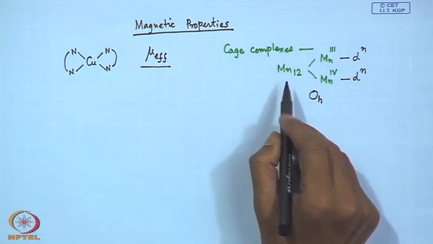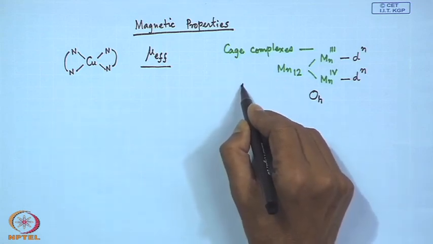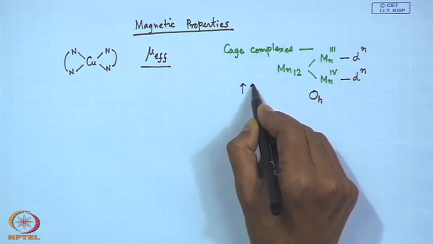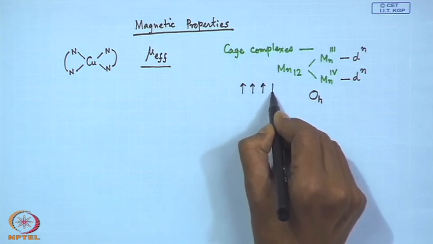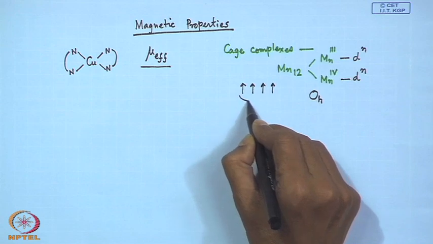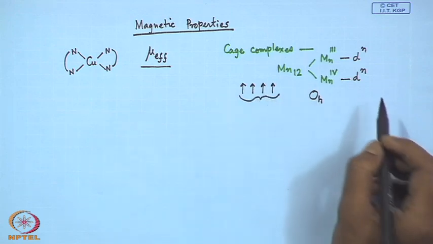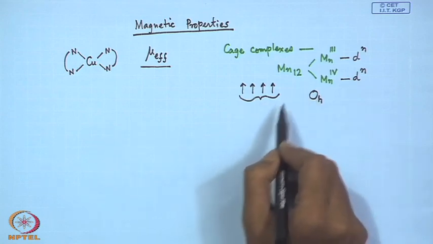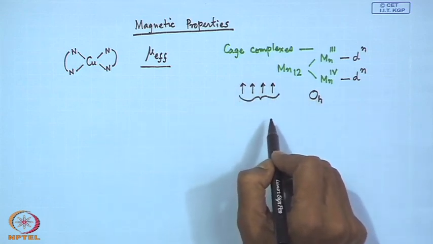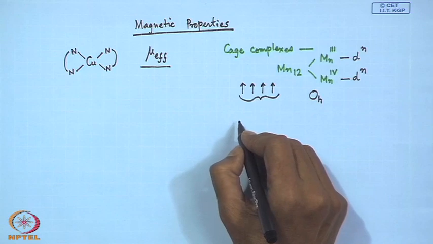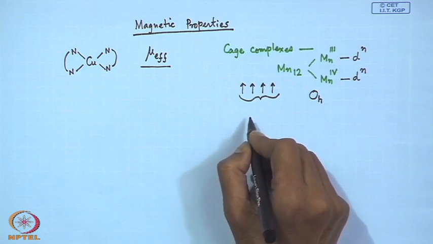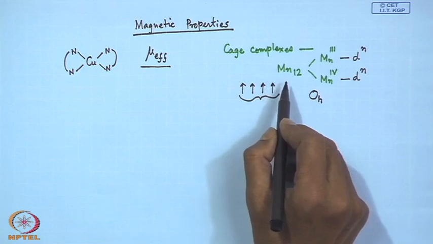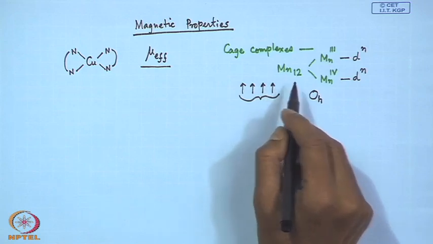In that case, the total number of unpaired electrons present in different manganese centers and how one manganese center is interacting with the other gives rise to a typical area where we can consider that magnetic property can be utilized for identifying these cage or cluster-like assemblies.